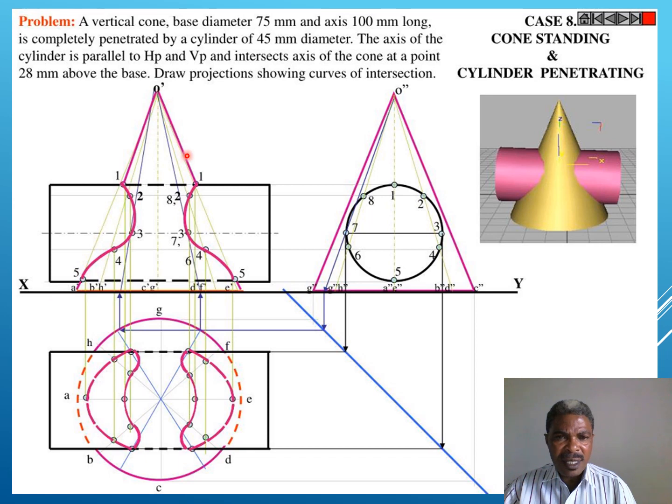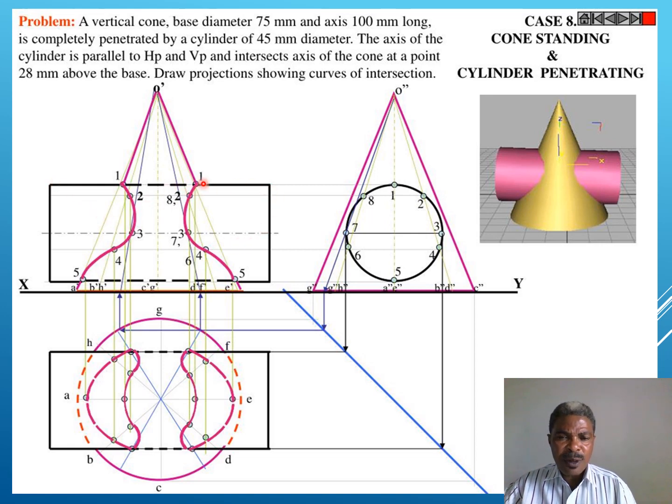Draw it first by construction lines, for the entire standing cone and the horizontal cylinder.